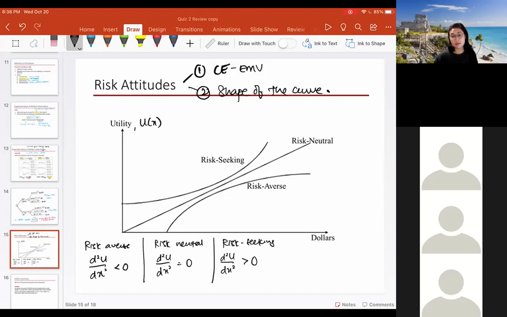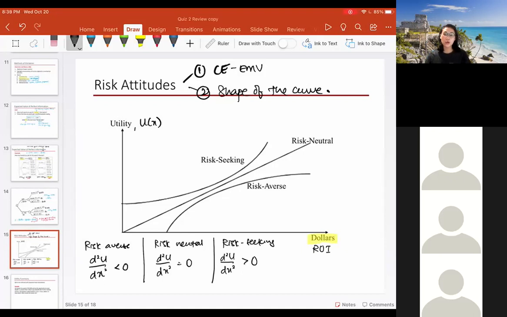If you're risk seeking, the higher the amount that you get in return, the higher the dollar value, the more risk you're willing to take, and the faster the gradient of your graph changes. If you're risk neutral, your utility increases as the dollar, or I like to think of it as your return on investment, ROI, increases.